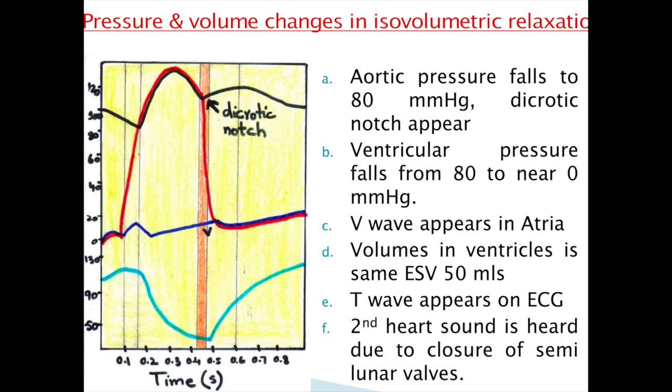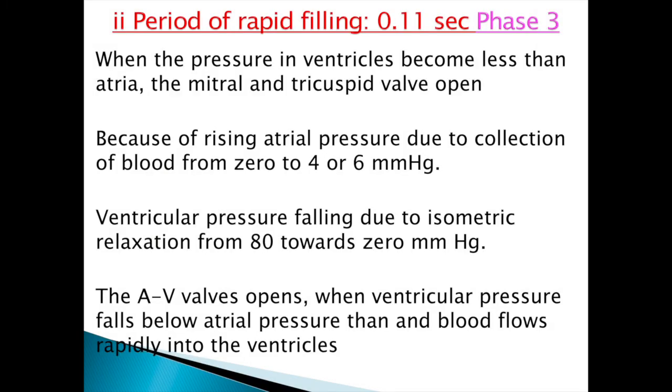Second heart sound is audible due to closure of semilunar valves. The volume in the heart is 50 ml, and by this all the stroke volume is ejected. Now we will go to the second phase of ventricular diastole, rapid filling, and phase 3 of the cardiac cycle, which comprises 0.11 second.